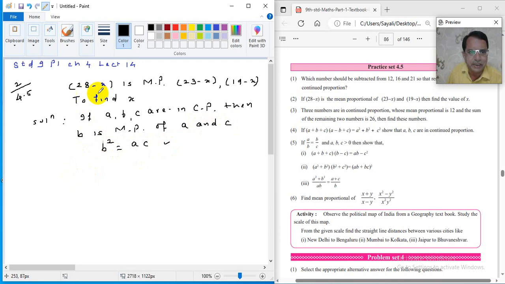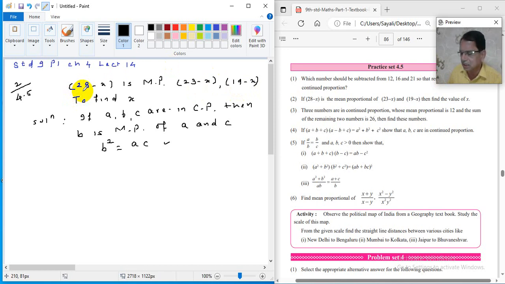इथे तुम्हाला दिलेला आहे 28 minus x is mean proportional of these two numbers. So the product of these two numbers is equal to the square of this. This is the equation that you get. See, शेवटी तुम्हाला एक इक्वेशन तयार करायचं आहे जे सॉल्व करून तुम्हाला x काढायचं आहे.